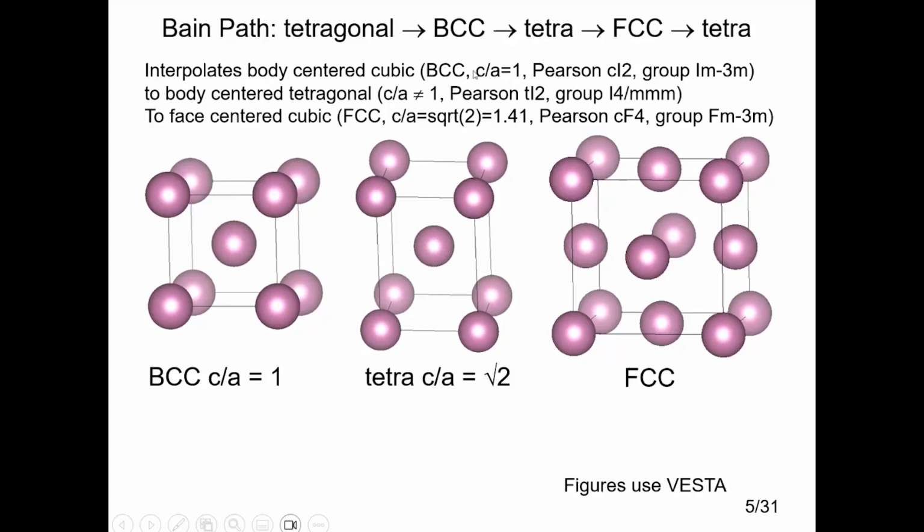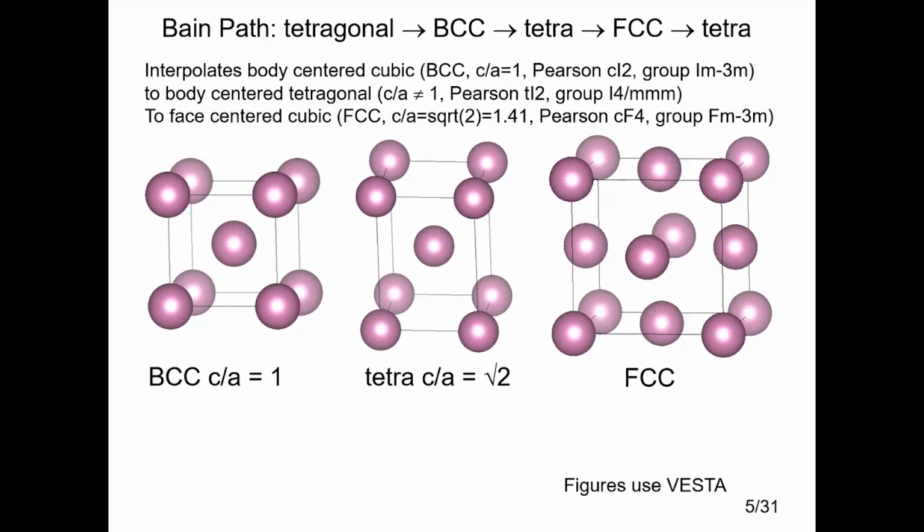And when you stretch from body-centered all the way up to square root of 2, suddenly the structure becomes FCC. Here is a picture of the face-centered cubic conventional unit cell. Its Pearson symbol is cF4, c for cubic, F for face-centered, and 4 for 4 atoms per cubic unit cell.